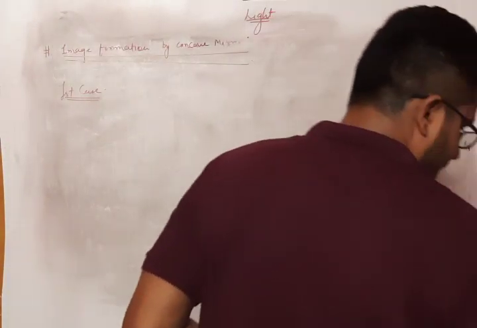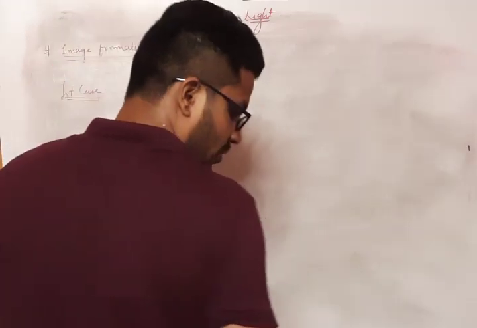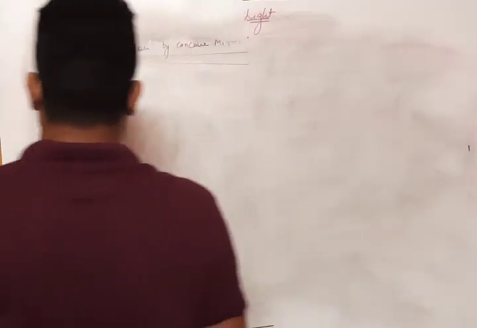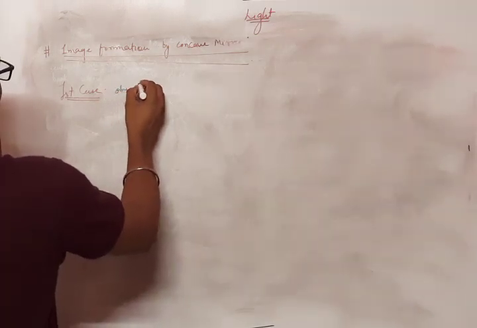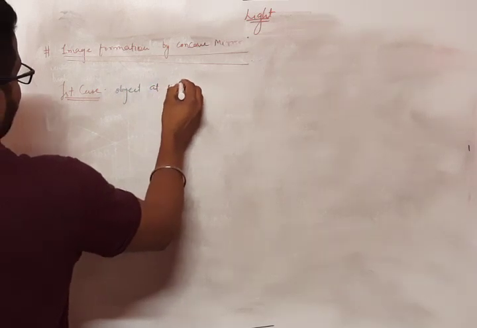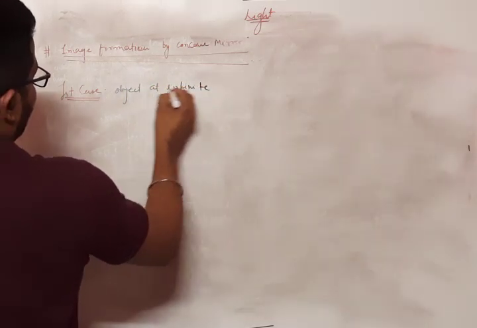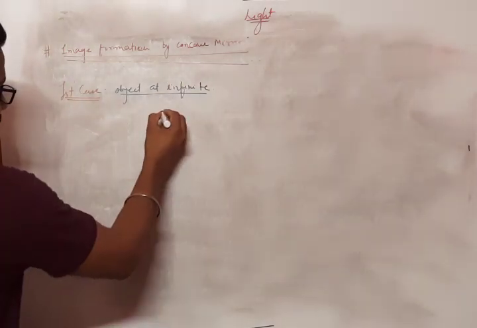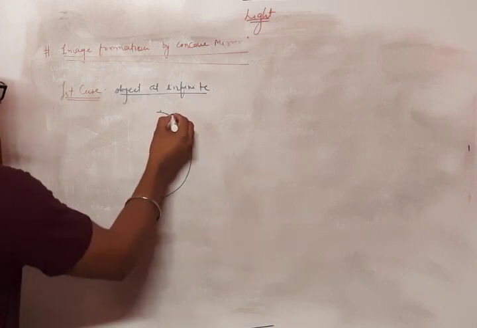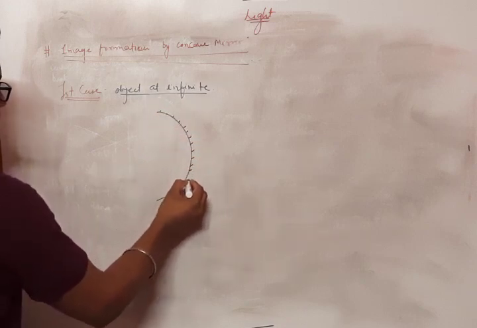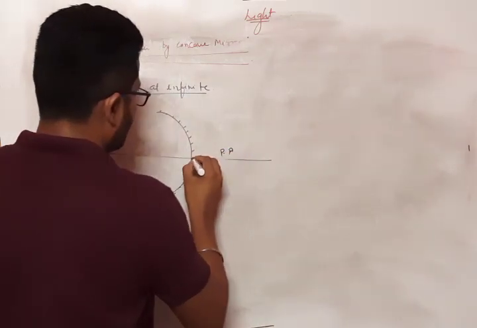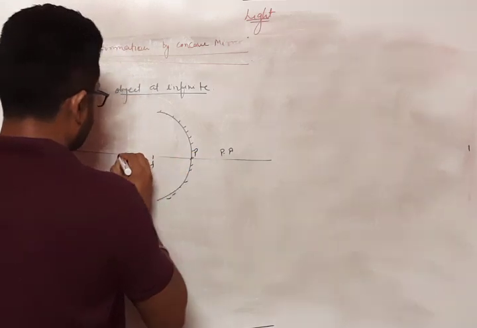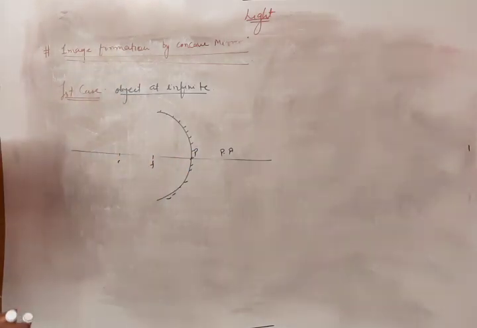So the first case is object at infinity. Okay beta. So how to draw and how to form the image? First of all, draw the concave mirror, and this is the principal axis. This is the pole, this is the focus, this is the center of curvature. Okay beta.